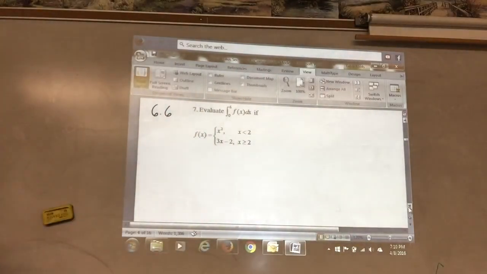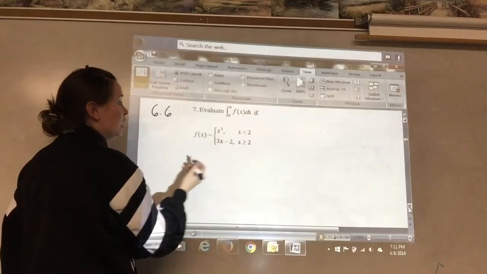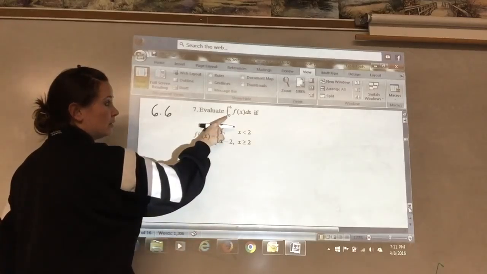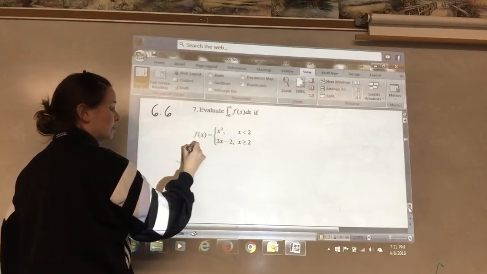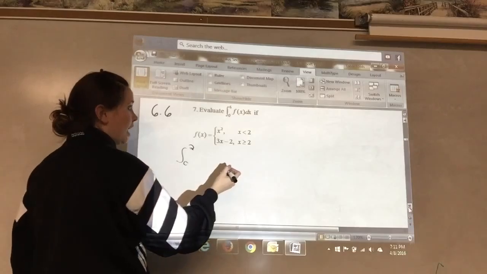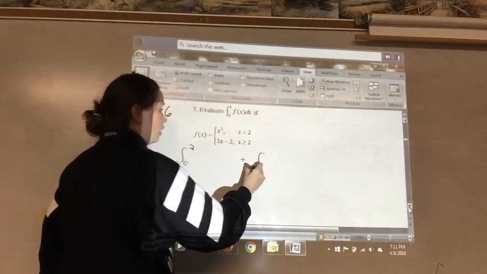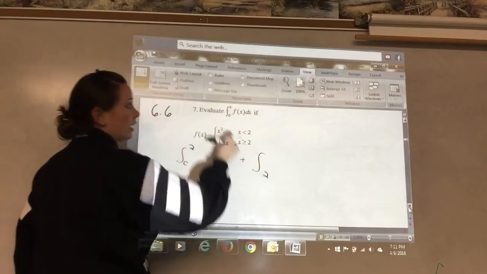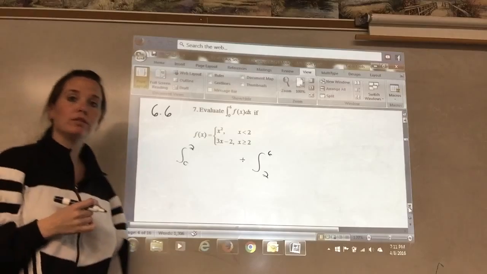Okay, so again, we have to look at where our piecewise function has been broken up. Okay, so clearly that's 2. So I am going to start with the lowest bound I have, which is 0. And I'm going to go from 0 to 2. Okay? Then I know that I'm going to have to continue, so I'll need to add an integral starting at 2 and going as high as 6. Okay, does everybody see where I get those numbers from?